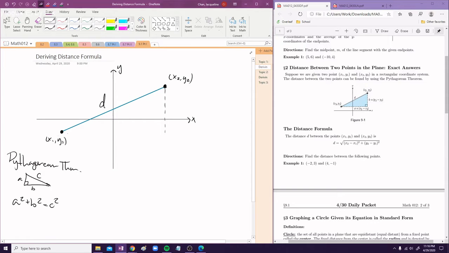At this point right here, this would be x2, y1. So it's over x2, and then we go down to y1. Then let me draw it horizontally real fast.